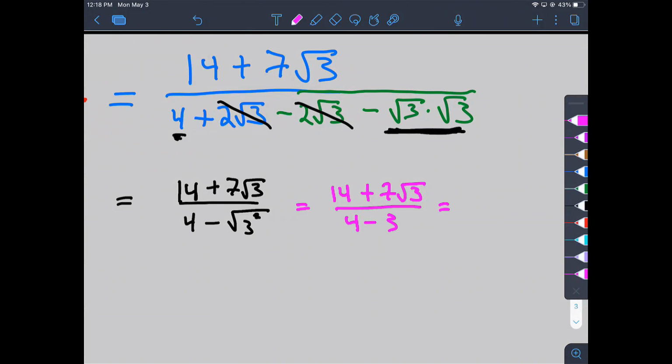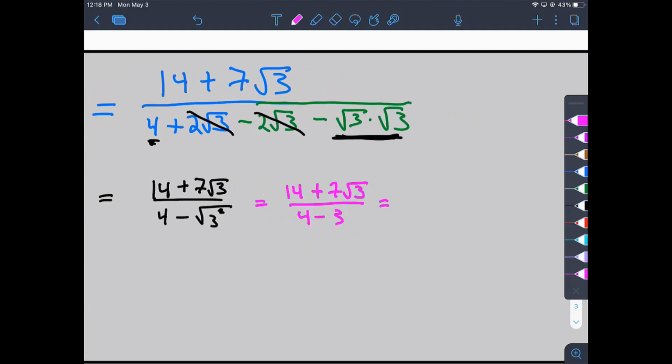Which becomes, well, 4 minus 3 is 1. And what is anything over 1? Well, it's just itself. So in the end, the final answer is 14 plus 7 root 3, which does not reduce any further.